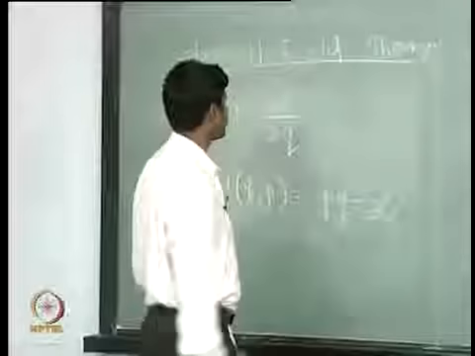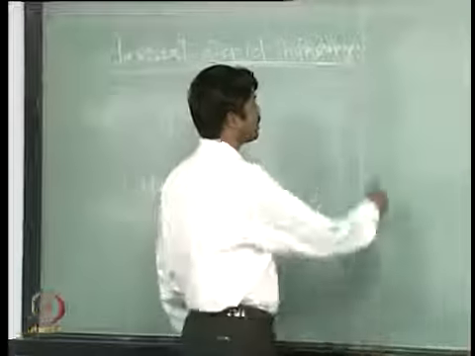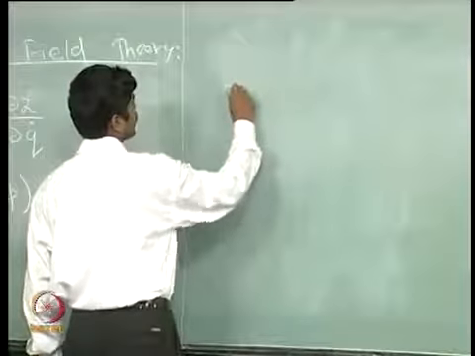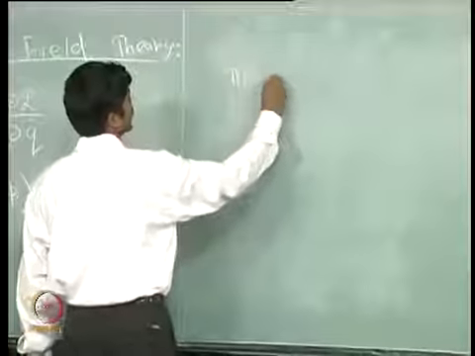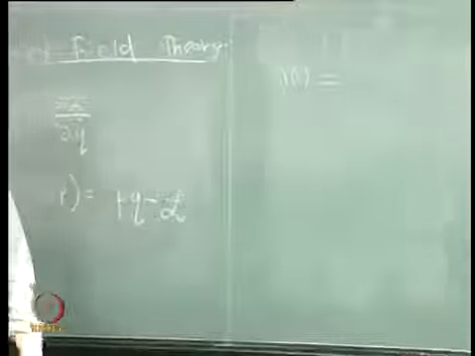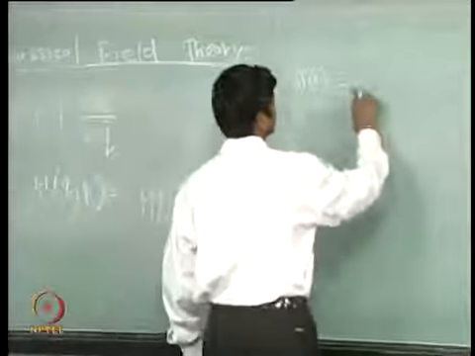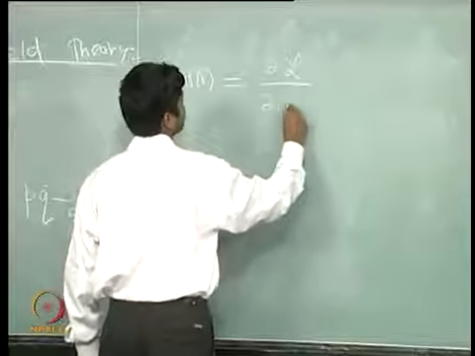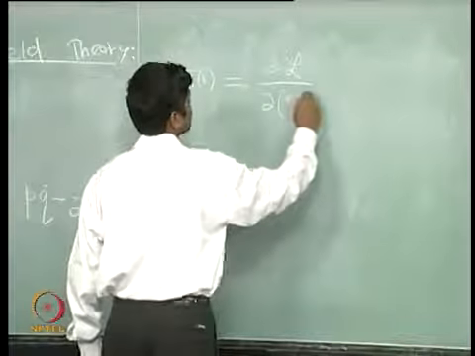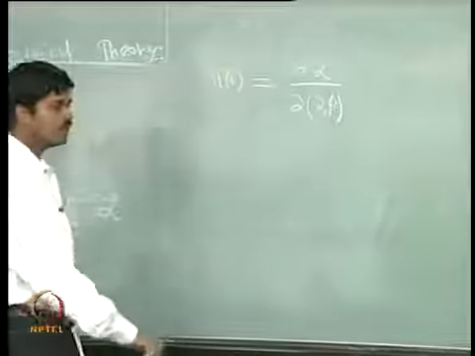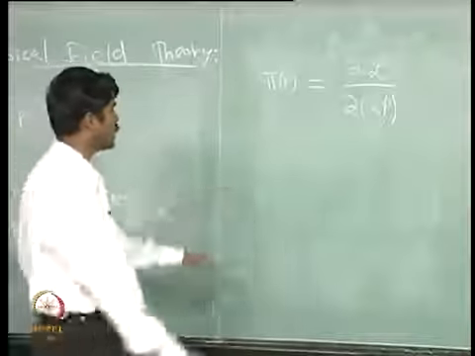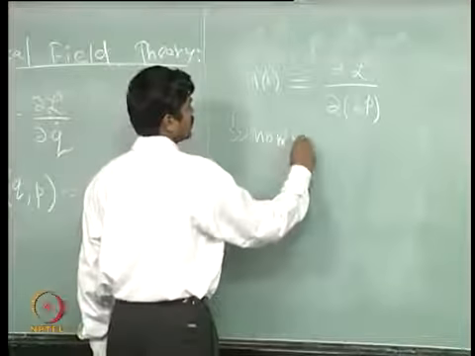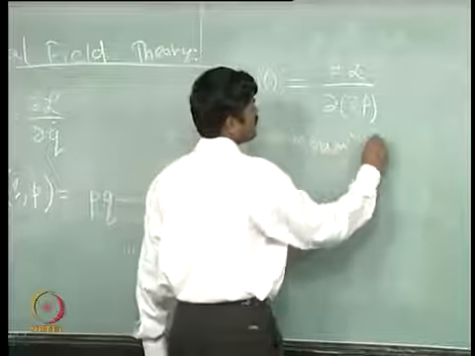You introduce the conjugate momentum density, which I will denote as pi of x, and the momentum density is defined to be del L over del phi dot.